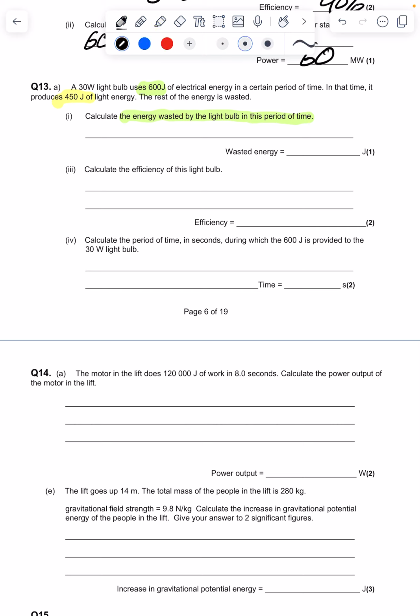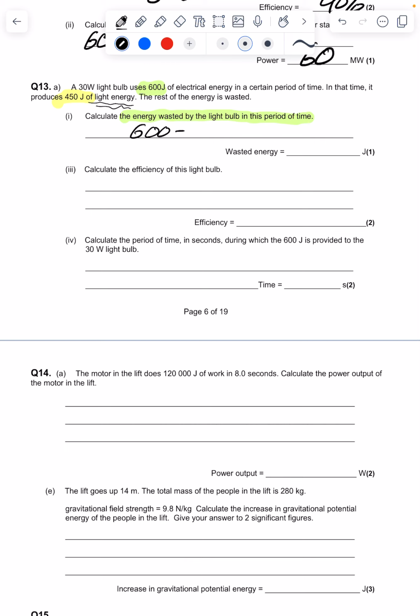So our wasted energy in joules, if we've got 450 of light energy, that terminology we have to be careful with. That's what I was just thinking about then, because we've changed our idea about energy since this was published, so don't get confused by that.